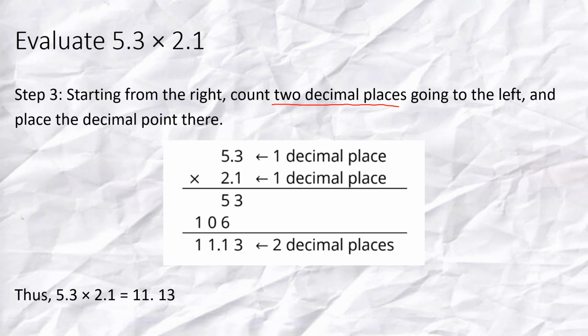That is where we will put our decimal point. So the answer here for 5.3 times 2.1 is 11.13.